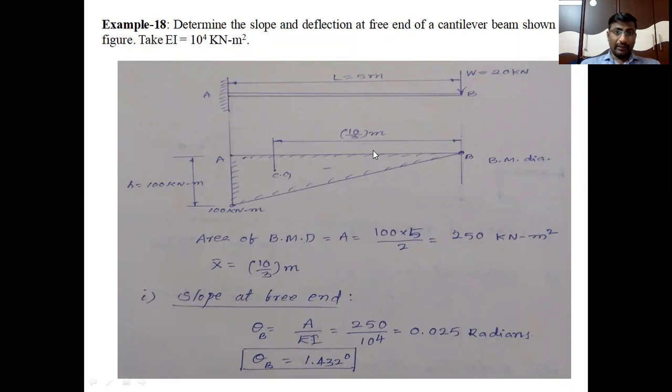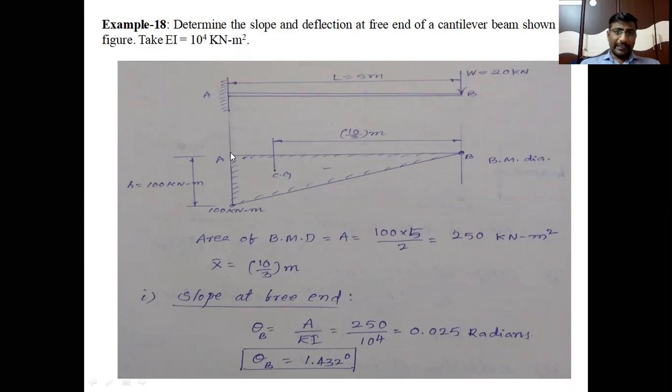kilonewton meter negative. So draw the horizontal line, that is the baseline for the bending moment diagram. Draw the vertical lines from the beam and locate the points A and B on the horizontal baseline. On that baseline, locate the 0 bending moment at point B, which lies on the horizontal line itself.